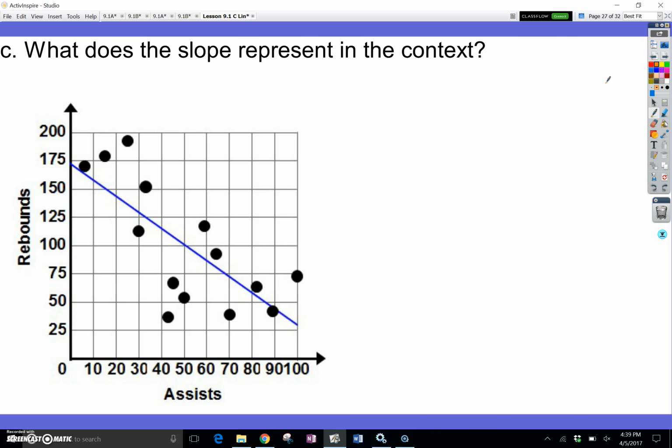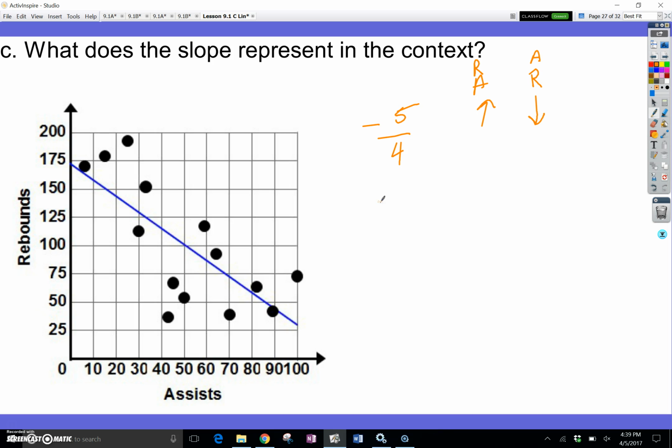Alright, so now it says, what does the slope represent in this problem? So remember, it was negative 5/4. When one goes up, the other goes down. So when assists go up, rebounds go down, or when rebounds go up, assists go down. So what this is saying, remember, is change in y over change in x.